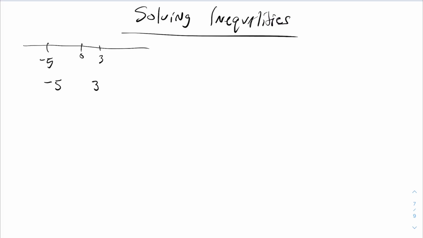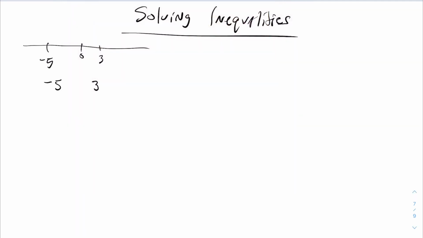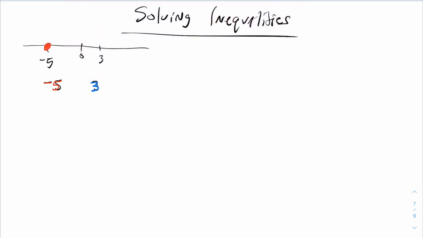So I'm thinking, how do I want to show this with color? So there's -5. No, I don't want to do it with that color. Let's see, go back. And there is, let's do blue, and there is 3.